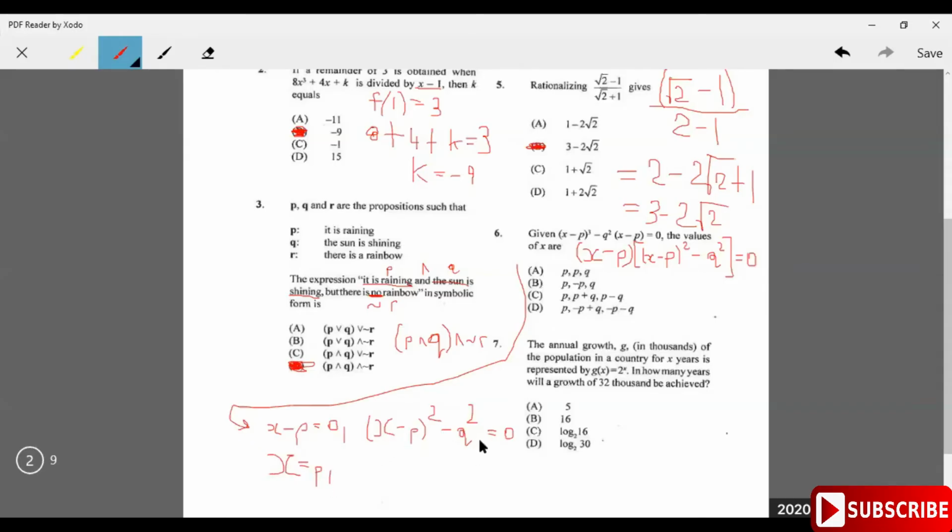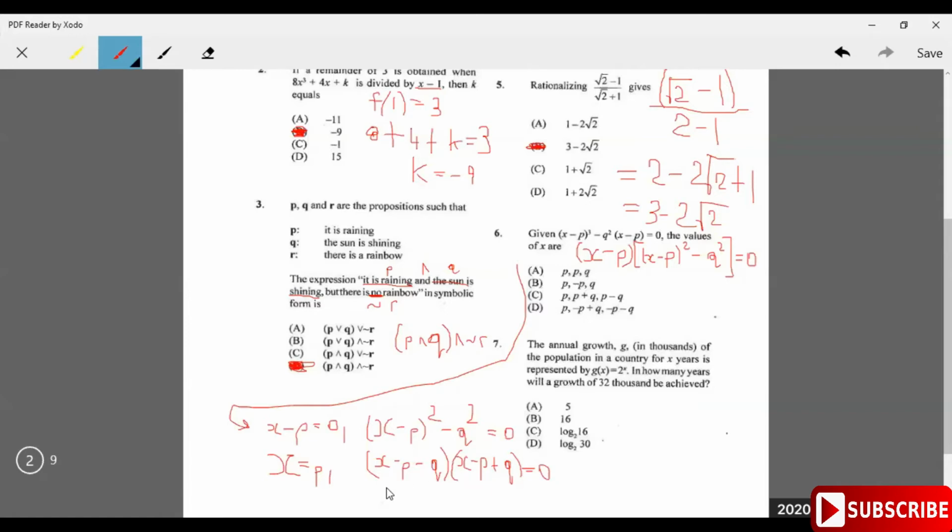Or, now this is a difference of 2 squares. The difference of 2 squares can be written as x minus p minus q times, in this case, x minus p plus q. And both of those are equal to 0.